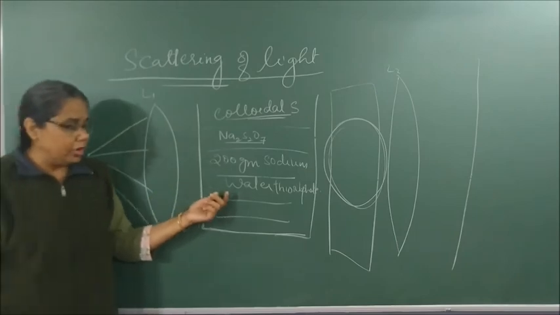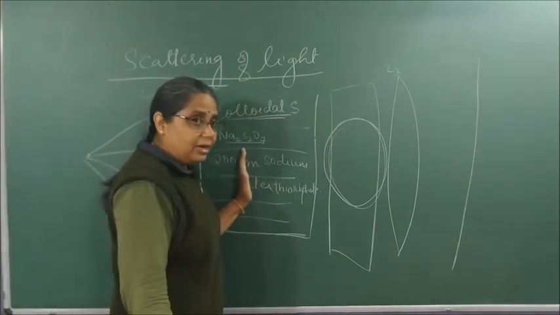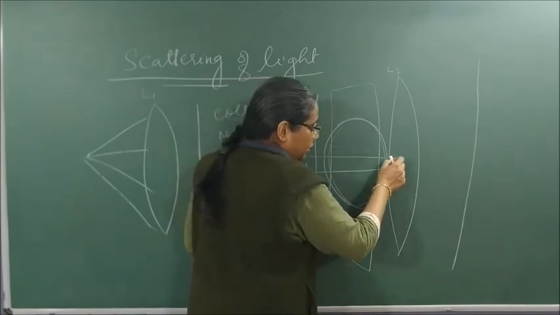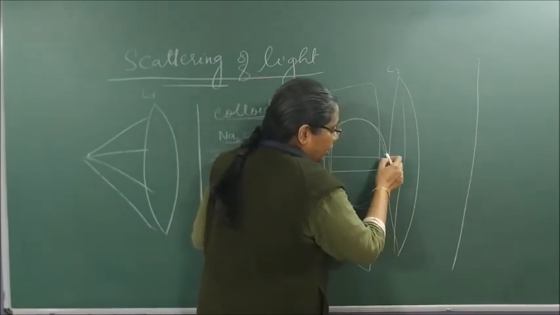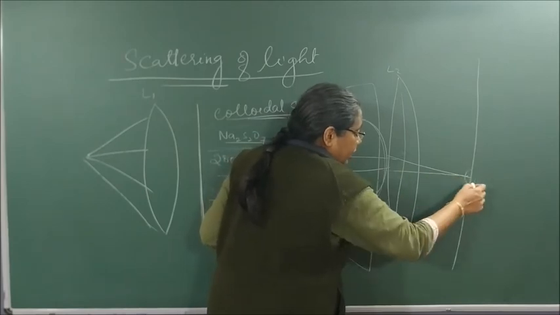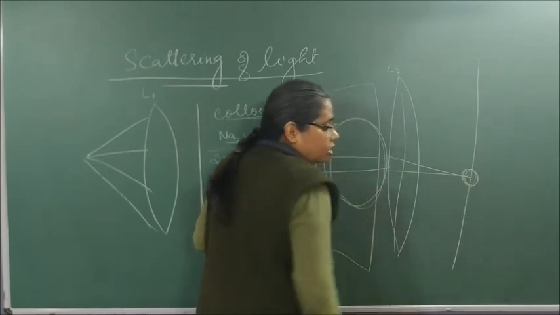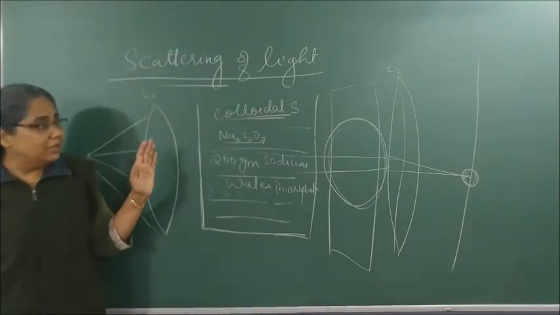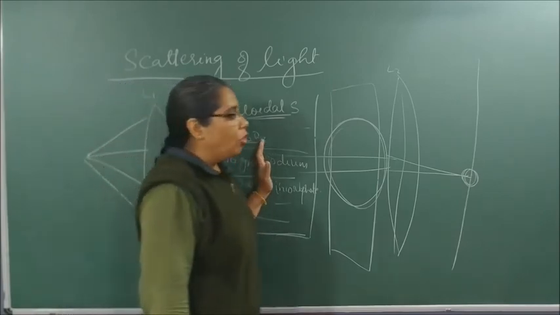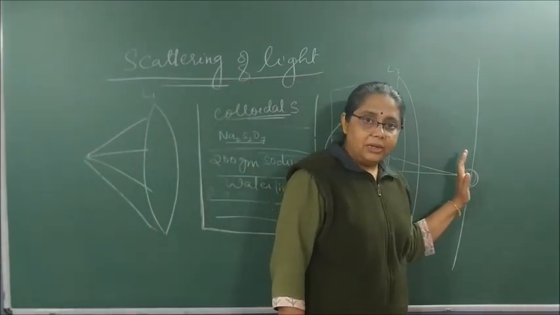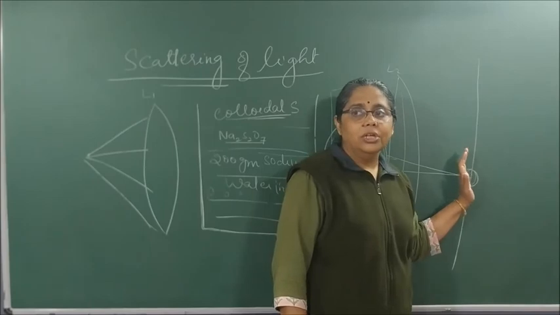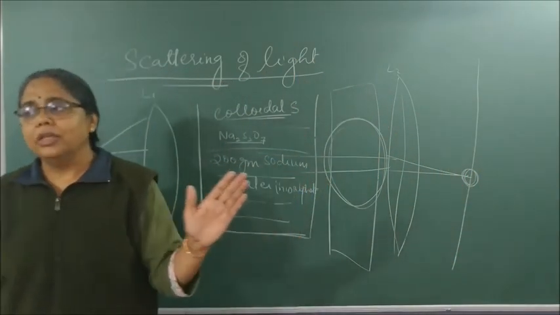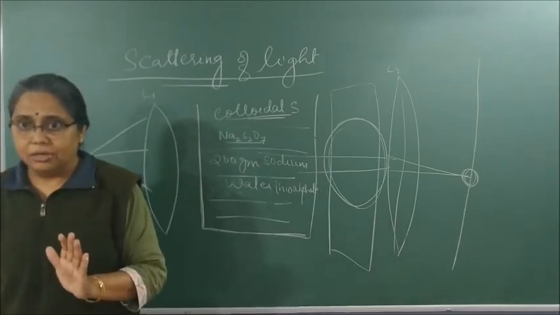The larger colloidal particles will scatter light of longer wavelength, which passes through this, falls on this, and finally shows a reddish orange spot on the screen, which shows that light of longer wavelength scatters the least, and it has the longest wavelength and hence makes its appearance on the screen by traveling a longer distance. Is it clear?